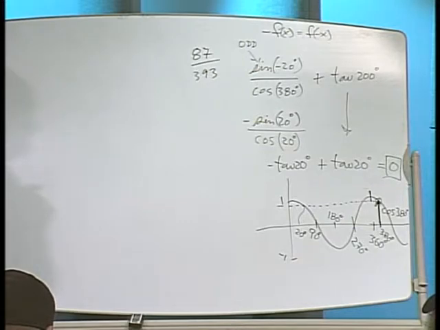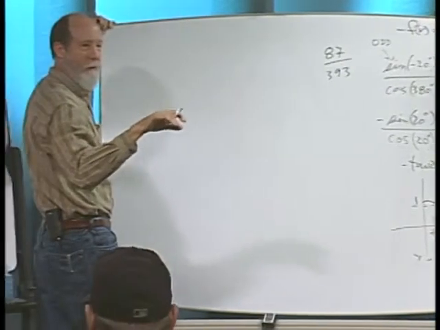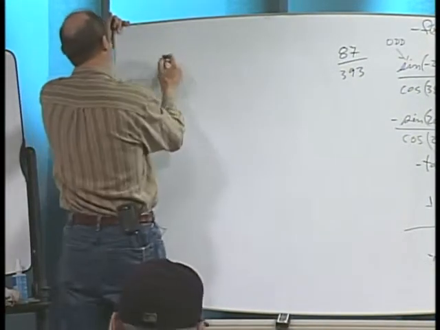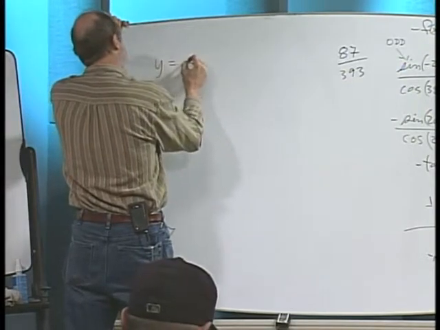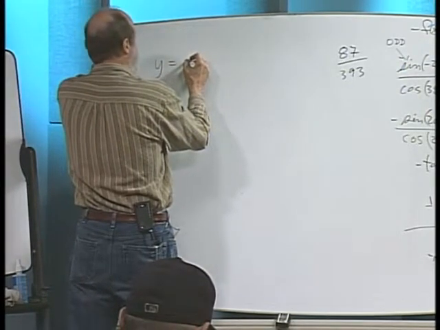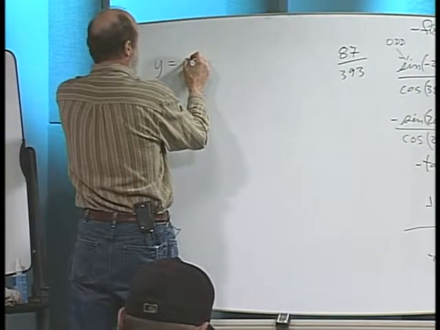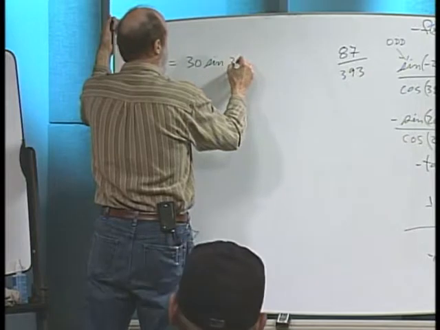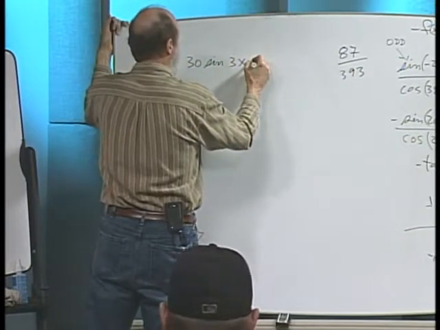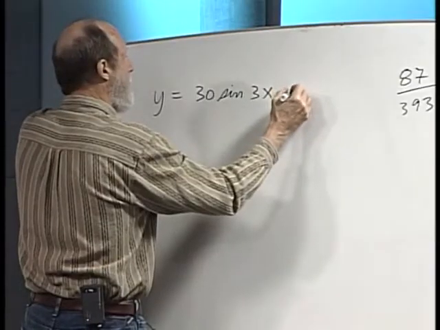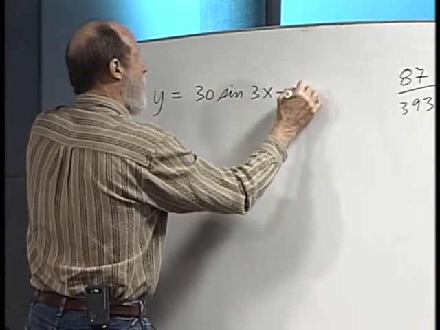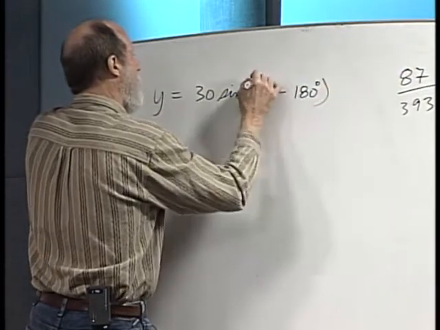What I'd like us to do, though, is let's see if we can do a pretty involved looking sine function and figure out the details on it. So let's try this. Y equals 30 sine of 3x minus, let's use degrees, minus 180 degrees.